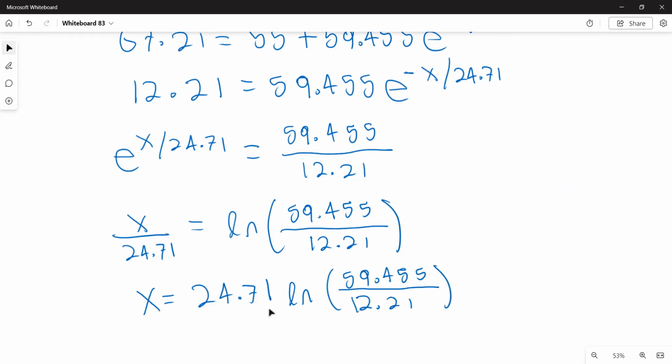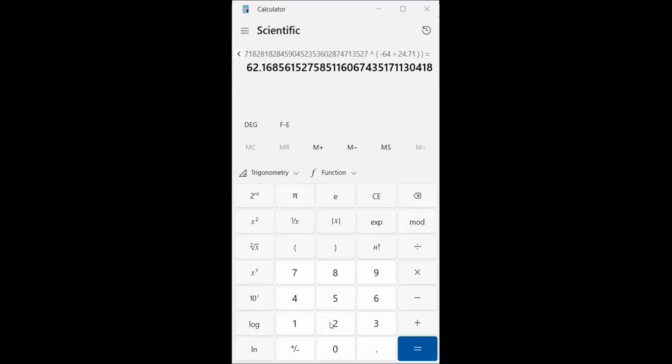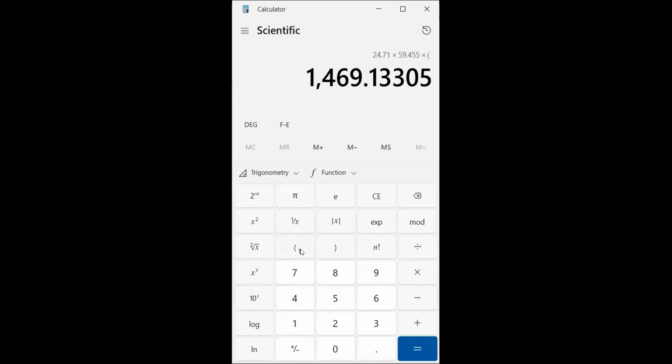Okay, so let's evaluate that expression. This is 24.71 times the natural logarithm of 59.455 over 12.21. I should use grouping symbols. Well, this is what I'm going to do.